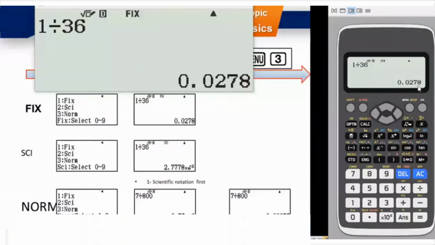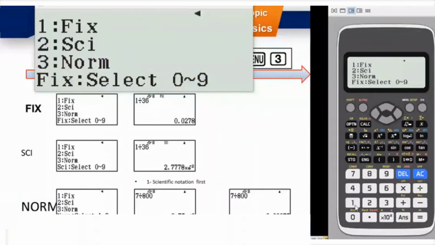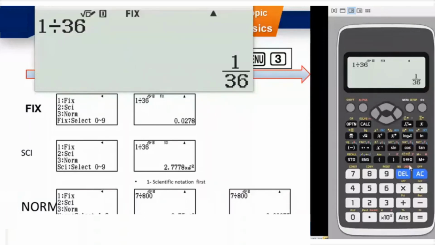Similarly, if I want the answer correct to 5 decimal places, I will press shift menu, 3, number format, and I will fix my calculator to 5 decimal places. Now it is giving the answer correct to 5 decimal places. So it depends on how many decimal places I want the answer correct to. Am I clear?